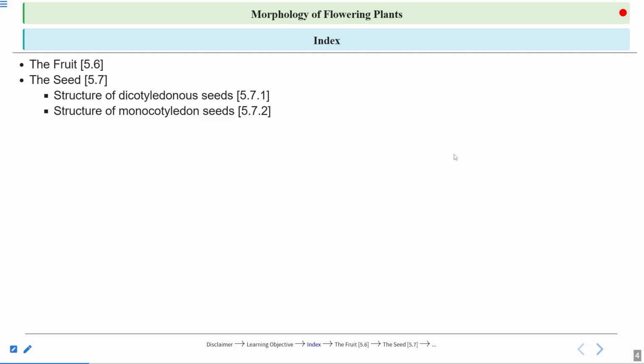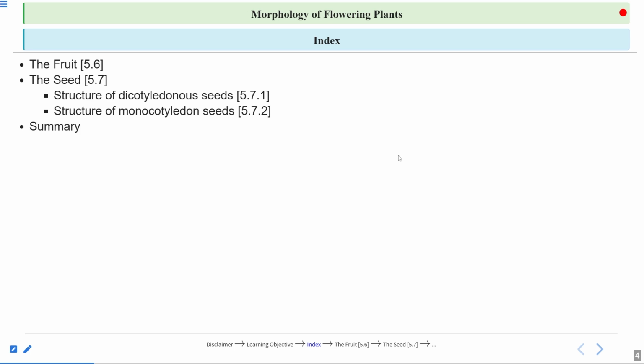And seed, that is section 5.7 of the NCERT book. In the seed section we will see the structure of the dicotyledonous seeds, that is section 5.7.1, and also the structure of the monocotyledonous seeds, that is section 5.7.2. So all that we are going to see today.